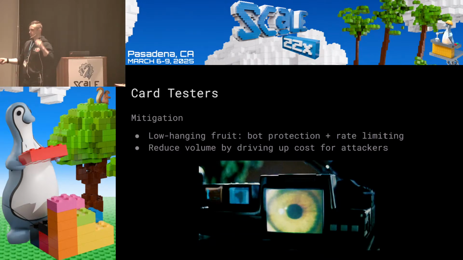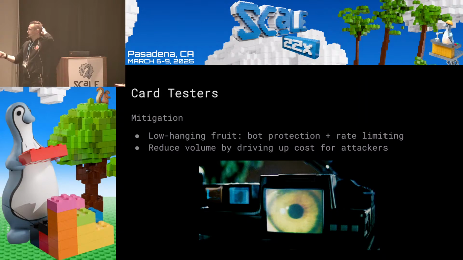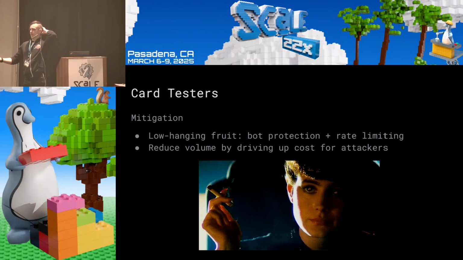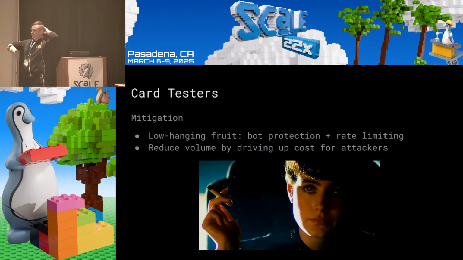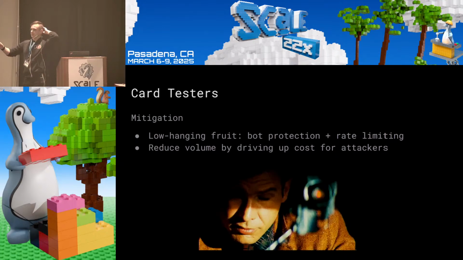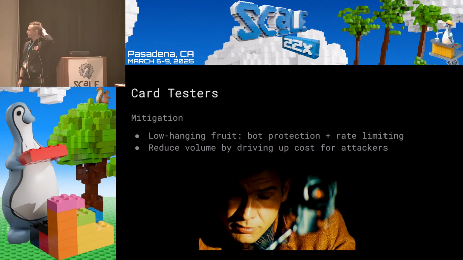So the low hanging fruit here is the basic stuff you do for bot protection and rate limiting. So CAPTCHA and run a CDN, all this stuff, it will absolutely not stop card testing. But what this does is it drives up the cost and lowers the volume.